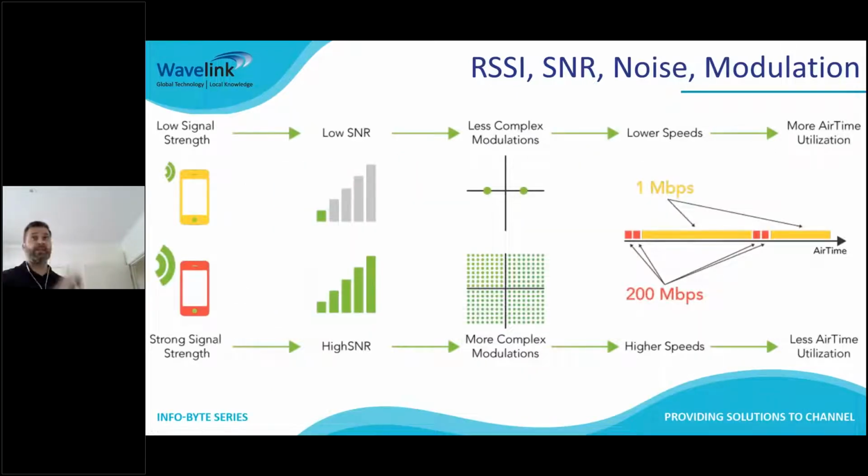Leads on to this awesome little breakdown as well. So we've got a tale of two charts. Low signal strength equals low signal to noise equals less complex modulation, because as we go down in the signal to noise and a low signal, it has to use less complex modulation to achieve sending and receiving data.